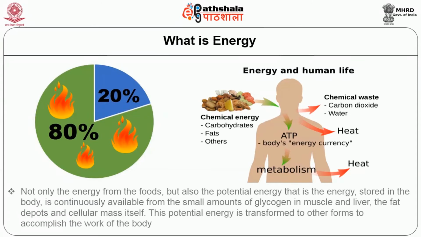Not only energy from foods but also the potential energy, that is the energy stored in the body, is continuously available from small amount of glycogen in muscles and liver, the fat deposits and cellular mass itself. This potential energy is transformed to other forms to accomplish the work of the body.